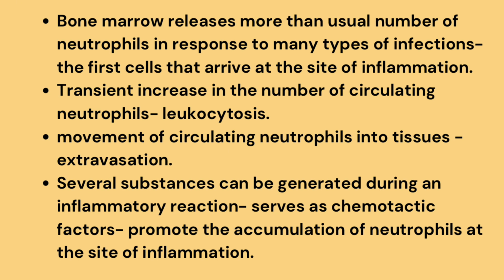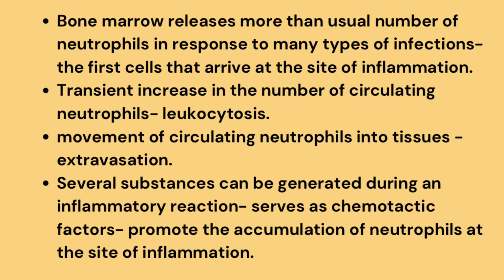The movement of circulating neutrophils into tissues is known as extravasation. So during extravasation, the neutrophils will migrate from the bloodstream into the site of infection or tissue damage. The neutrophils will adhere to the blood vessel wall, and they will squeeze through the blood vessel wall by a process known as diapedesis.